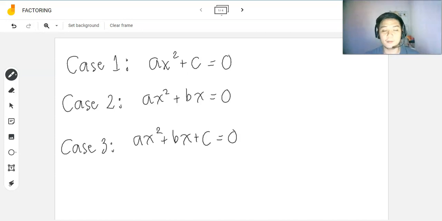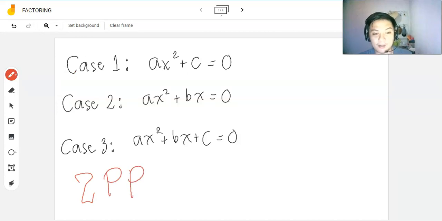Ayan. So, ibig sabihin, the involved quadratic polynomial in the equation has to be expressed in its factored form. Tapos, we will apply what is called zero product property or ZPP na lang for short. Anong sinasabi ng ZPP?